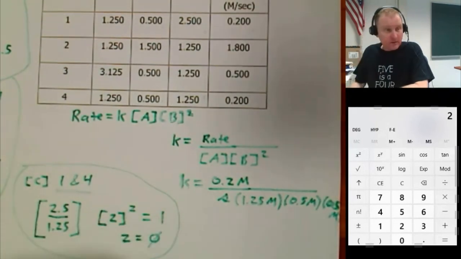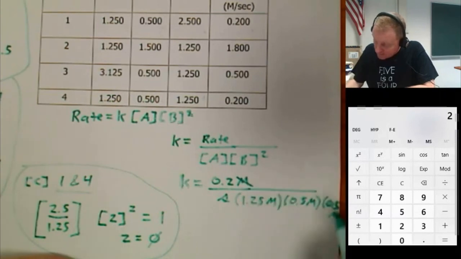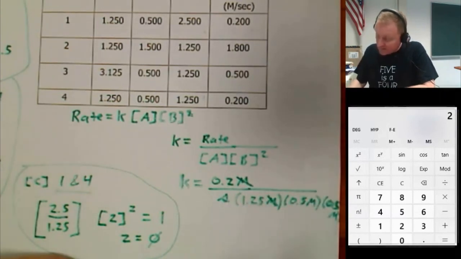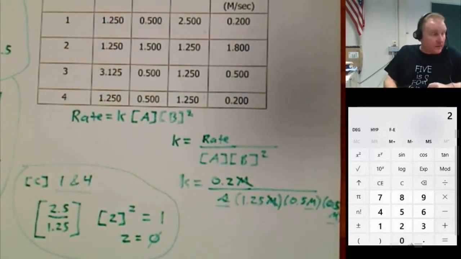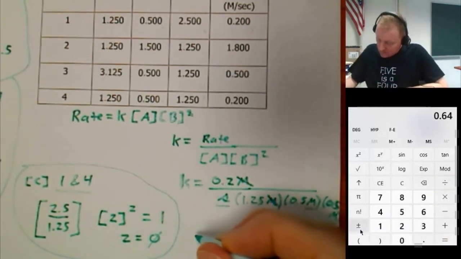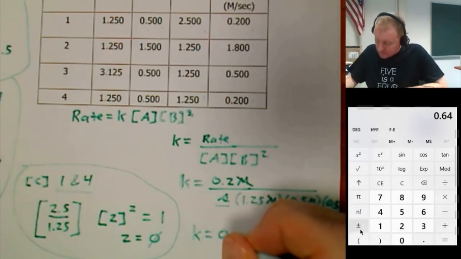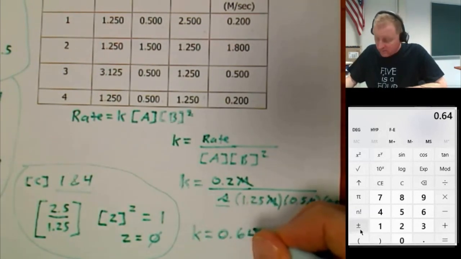Okay. The molarity cancels with one of the molarities, so we have nothing on the top, and we have the seconds and 2 molarities on the bottom. So let's try it out. 0.2 divided by 1.25 divided by 0.5 divided by 0.5 equals, K equals 0.64.